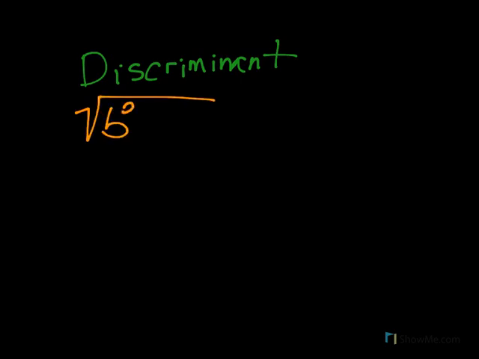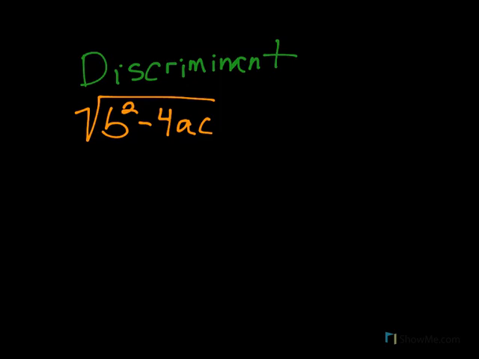It's not racist, it just discriminates. So this is discrimination in math. Why is it the discriminant? I'll tell you in a second. But the discriminant is none other than b squared minus 4ac, and it shows up in the quadratic formula.